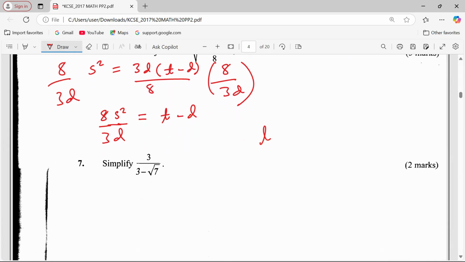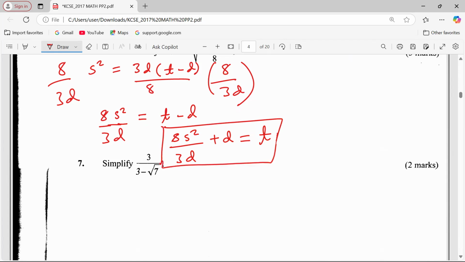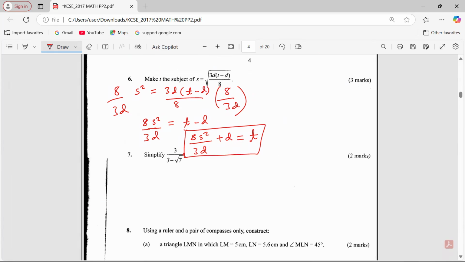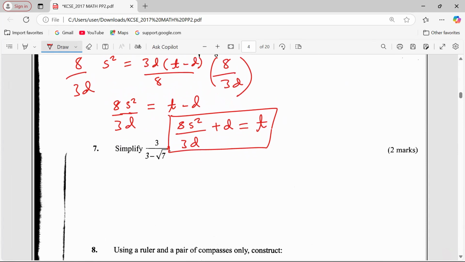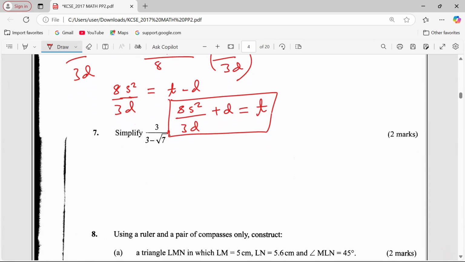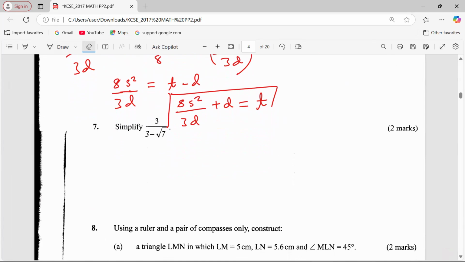Therefore, to remain with the T, we have to add D on the other side. So T equals 8S squared over 3D plus D. So D is added at that point, and we will have made T the subject in such a way.